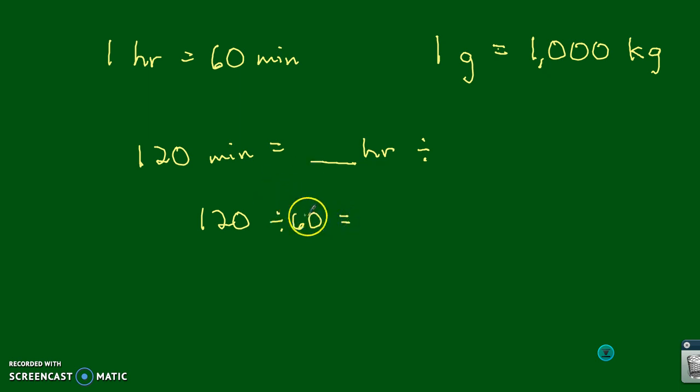If that's the case, one thing you can do when you have two numbers that both end with 0, you can cancel out the zeros, which is the same thing as dividing both numbers by 10. But now we have 12 divided by 6, which is a basic fact, so we know that's 2. So 120 minutes is the same thing as 2 hours. Okay.